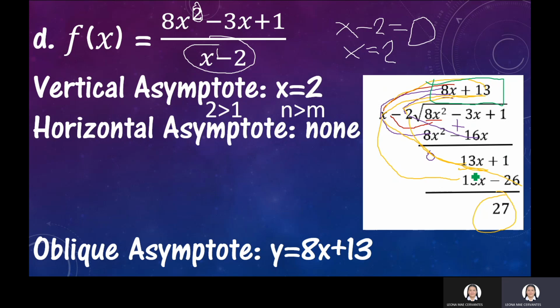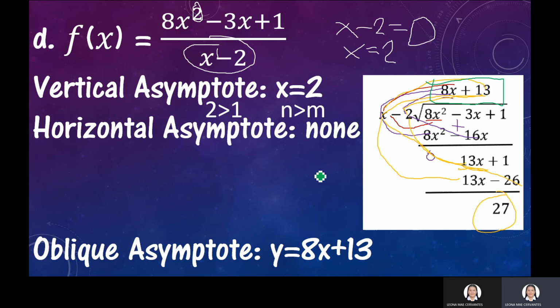Then positive 13x divided by x, positive 13. Then positive 13 times x, 13x. Positive 13 times negative 2, negative 26. Then 13x minus 13x, 0. Positive 1 minus negative 26, positive 27. Therefore, oblique asymptote, y is equal to 8x plus 13. Okay?